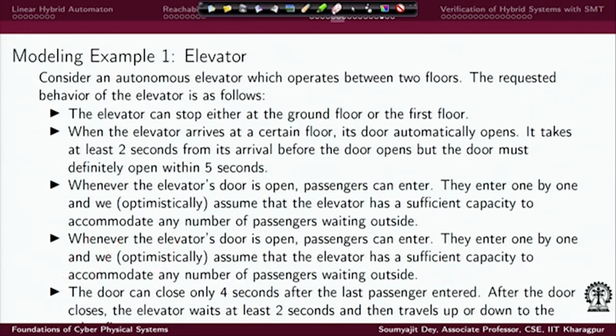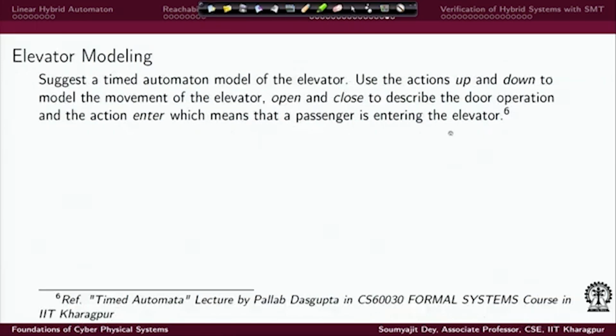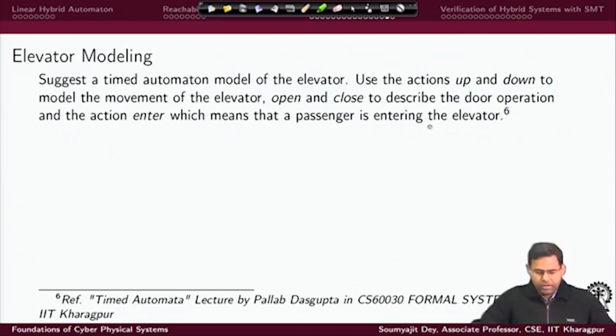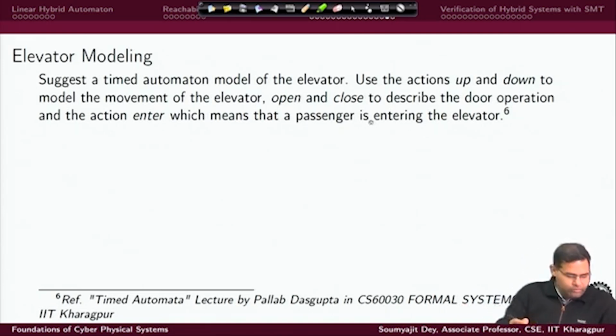So let's say you just want to create a timed automaton, and you are using these actions up and down to model the movement of the elevator, and open and close to describe the door operations, and the action enter, which will mean that the passenger is entering the elevator. So, as you can see, it is very easy actually. What you can do is you can have a state.